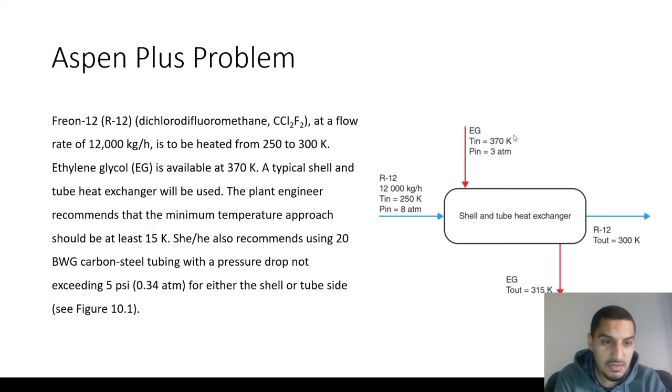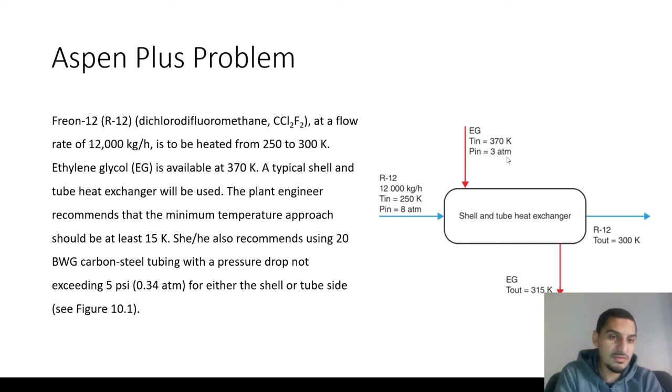And to get the flow rate of the ethylene glycol, let's take a look here. The flow rate of the ethylene glycol would affect this temperature. So a very high flow rate will mean that the delta T will not be high, because, think about it as an equation, Q equals M multiplied by Cp multiplied by delta T. So as you increase the M, the delta T will decrease for the same Q. So this temperature will be high.